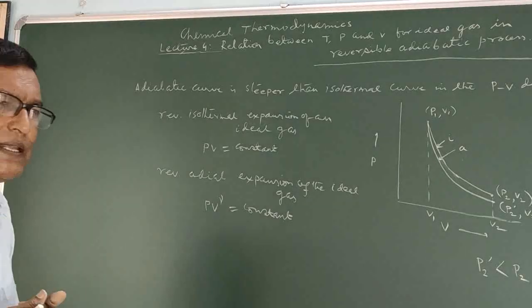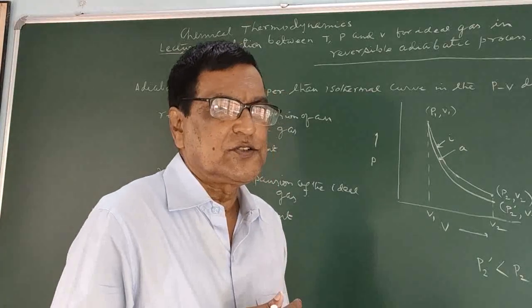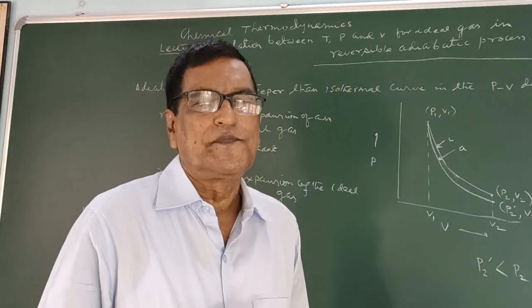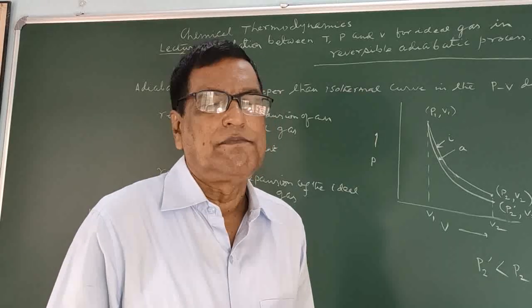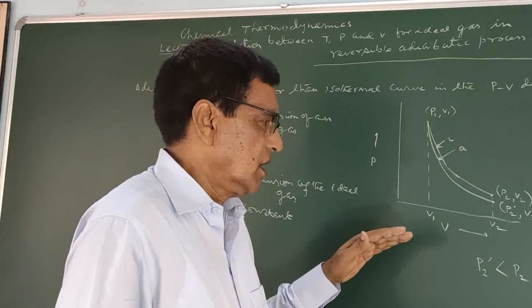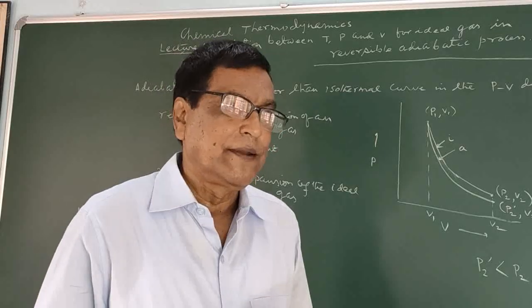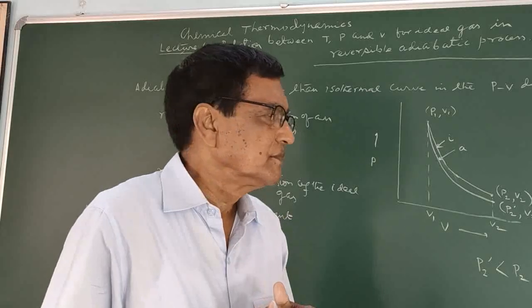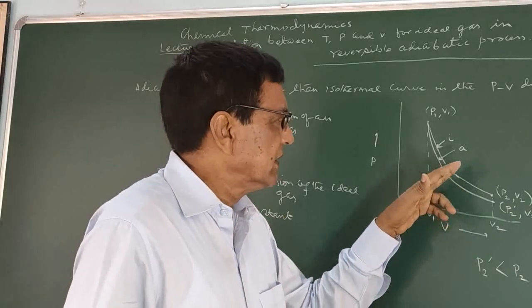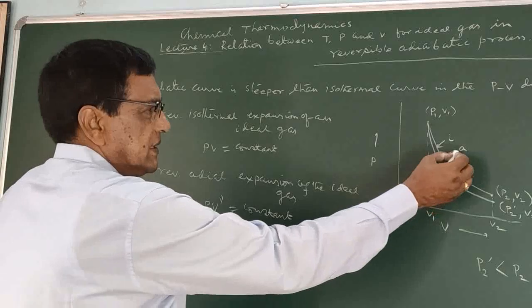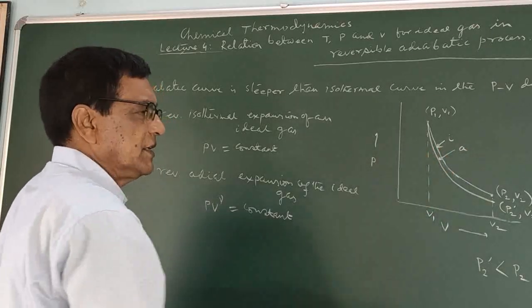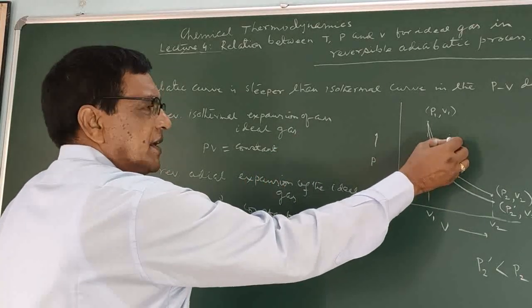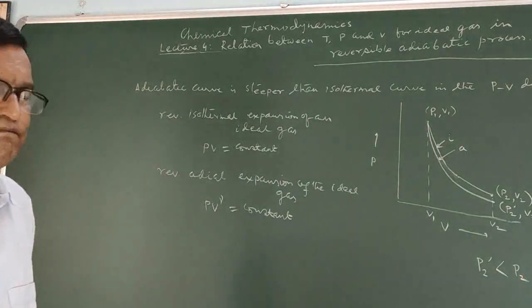How could we prove it? This is the explanation of why P2 dash will always be less than P2, but it could also be explained in a mathematical way, and mathematical deductions will be better. The adiabatic curve is steeper, meaning the slope of the adiabatic curve is greater than the slope of the isothermal curve.